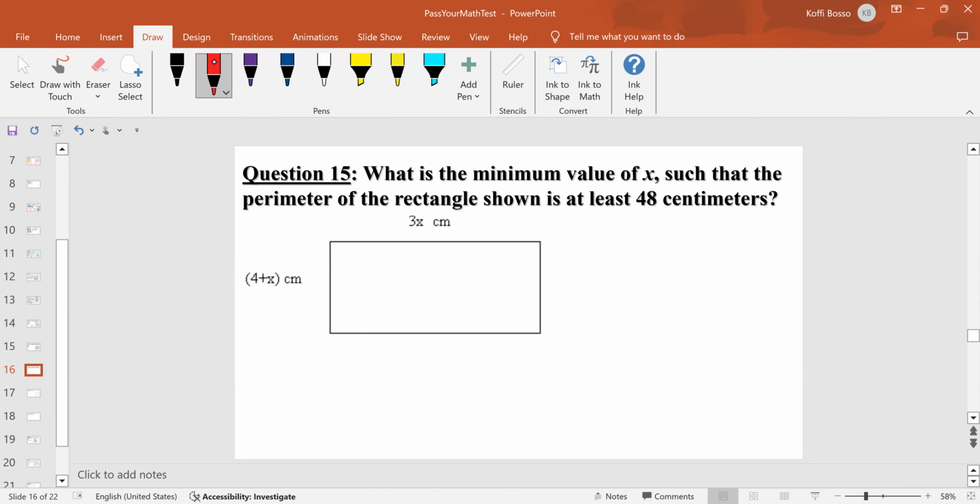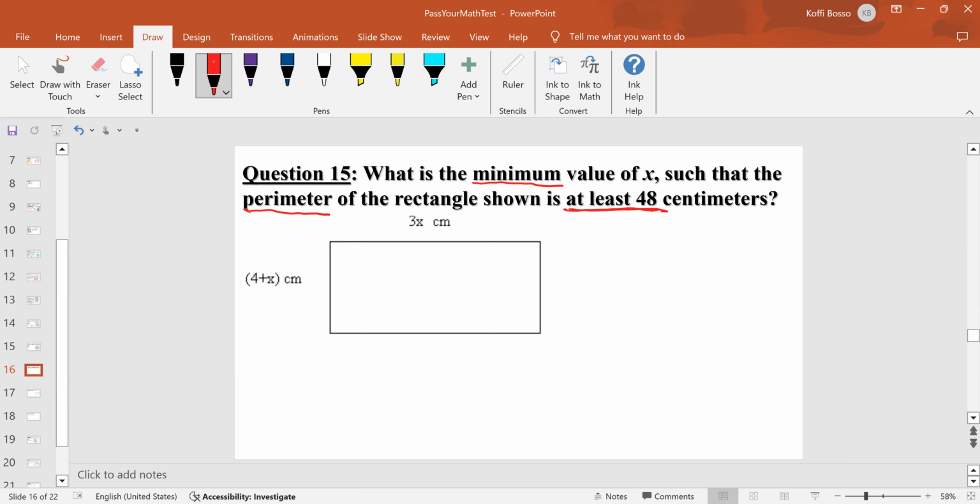What is the minimum value of x such that the perimeter of the rectangle shown is at least 48 centimeters? What is the minimum? This is key information. The perimeter of the rectangle, another key piece of information, is at least 48 centimeters.